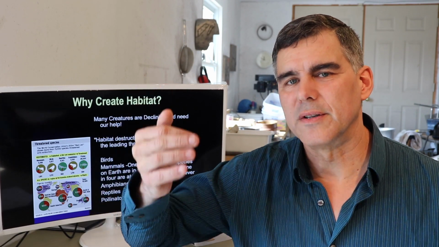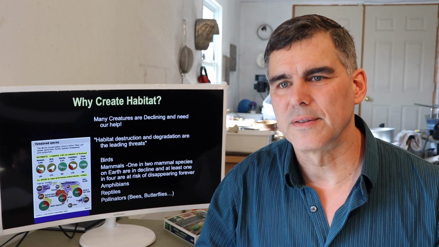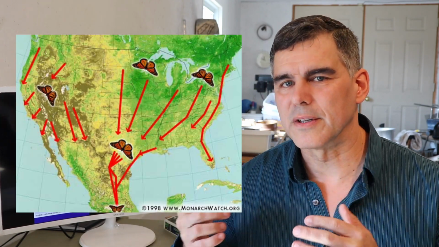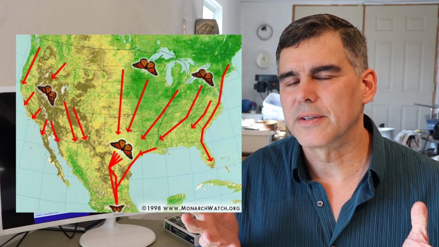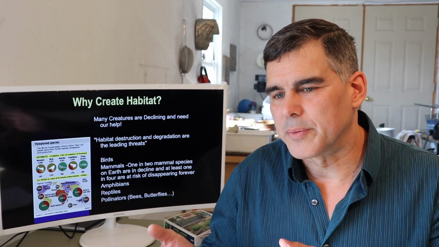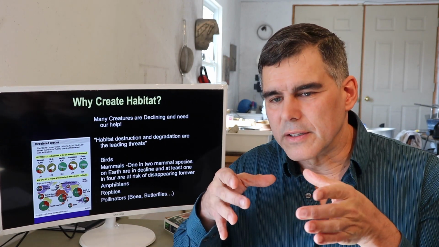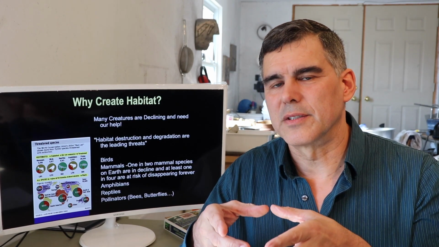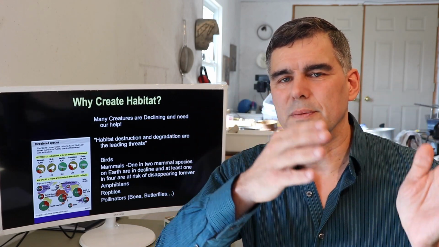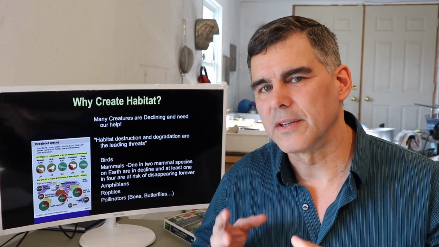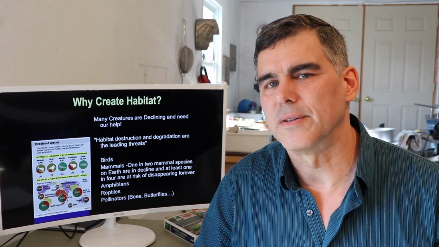They migrate all the way down to Mexico, and so to maintain that population, you need to have habitats all the way along. And even if you think you have a small property, or maybe it's just an urban property, even having just that little postage stamp allows the pollinators to move from one spot to another, because they don't need a lot of habitat, but they need it all the way down.